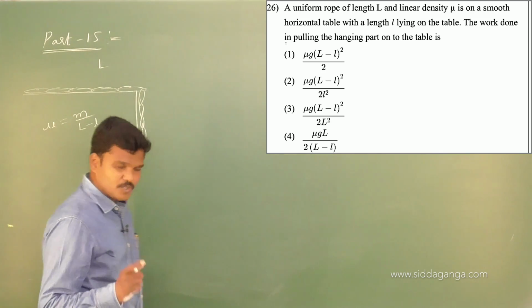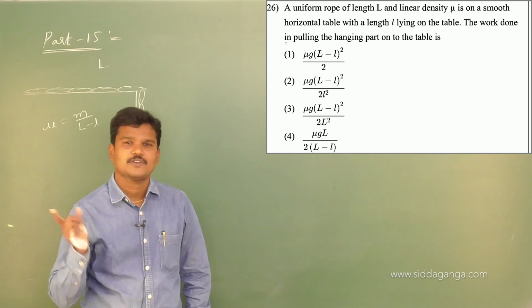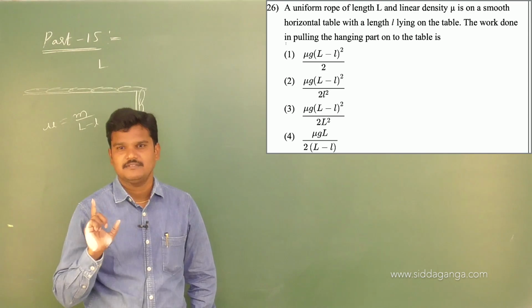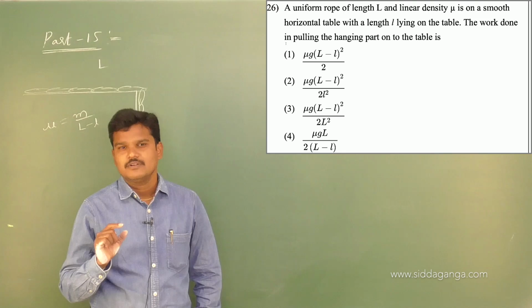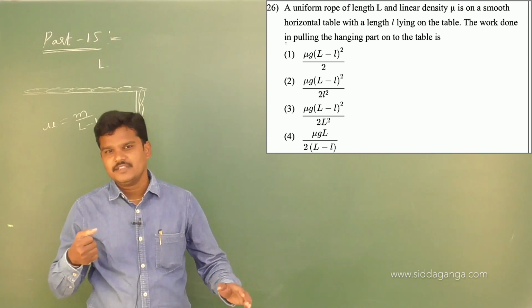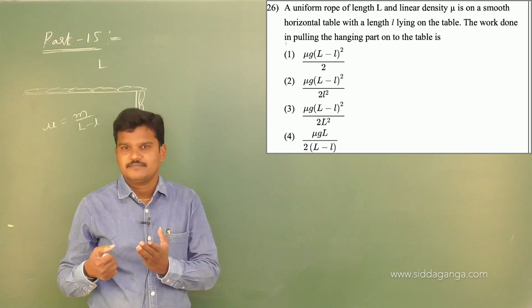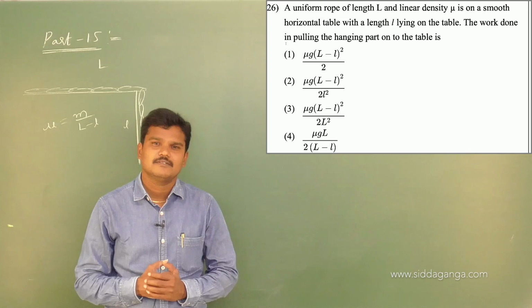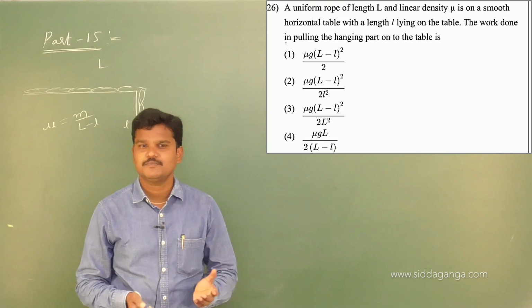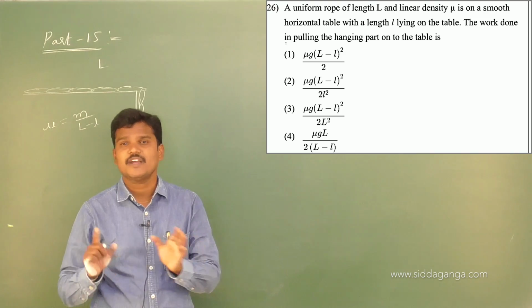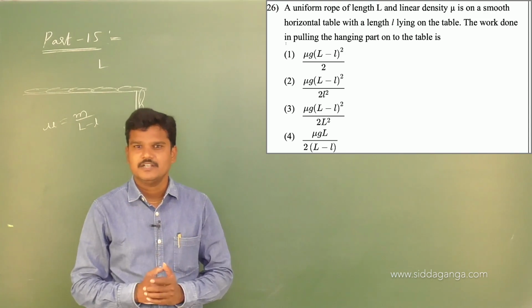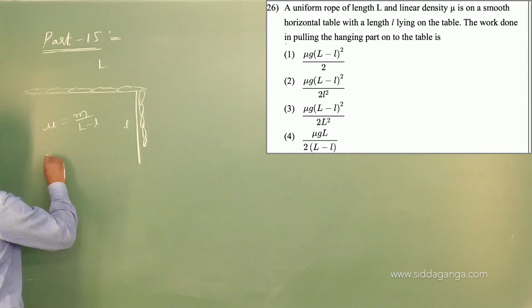See, the total length of the chain is L. From that, they are pulling small l. Still, it is not clear, there is ambiguity in the question. So from the complete length, they are pulling some length outside. What is the linear density? Mass by length. What is the length of the remaining portion? L minus l. Still, it is not clear actually. So, mass is very clear.